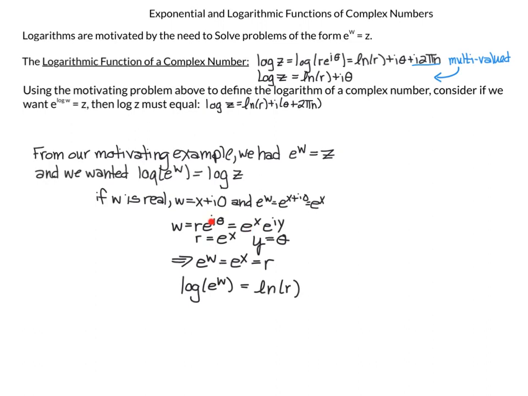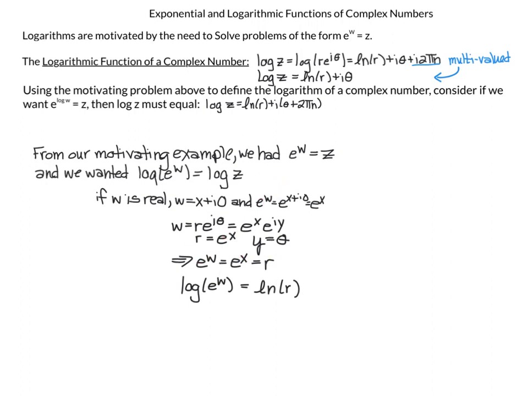That's the real component. And then this will give us y is equal to theta. And since y is equal to 0 because w is real, that means this goes to 1. So what we have is r is equal to e to the x. And we also have from over here that e to the w is equal to e to the x, which is equal to r.